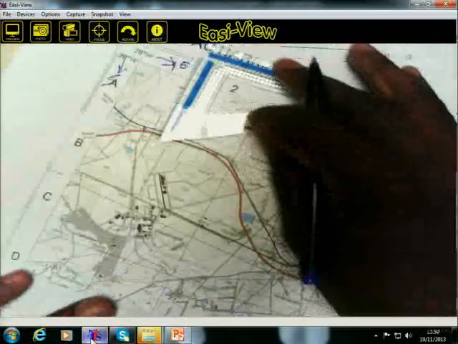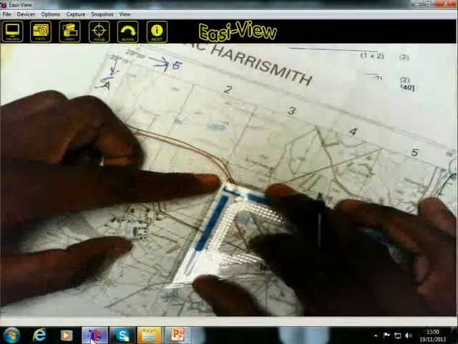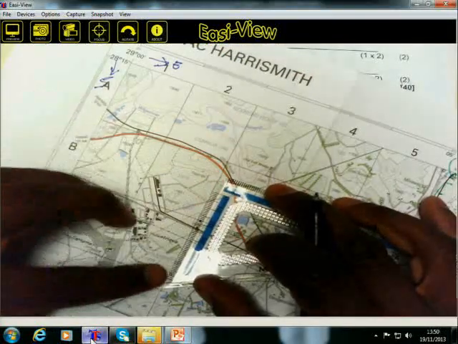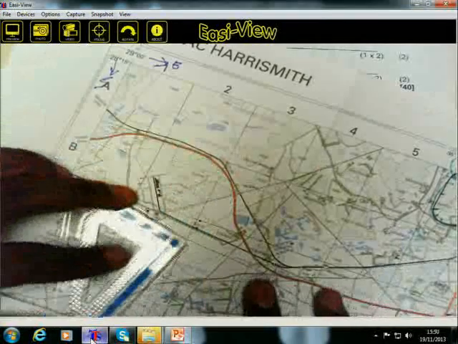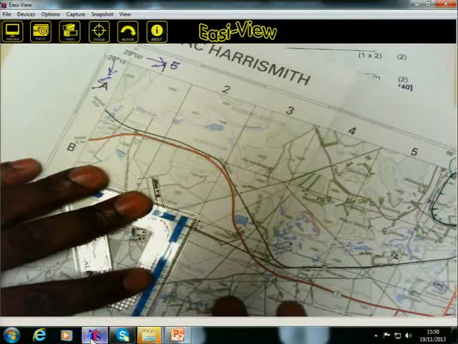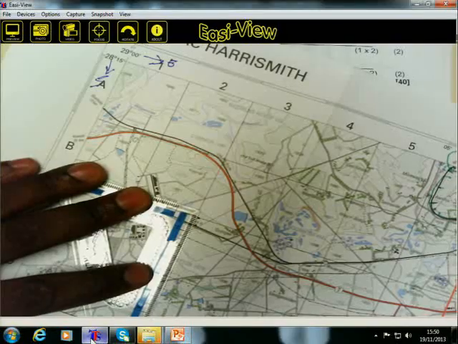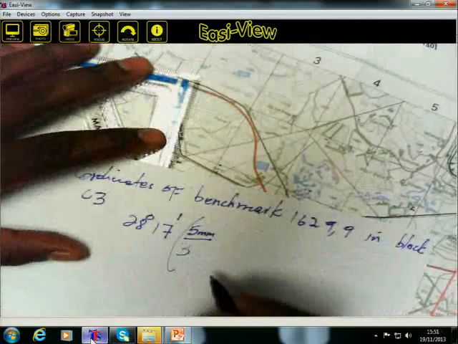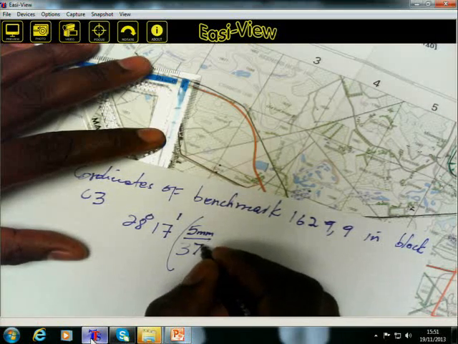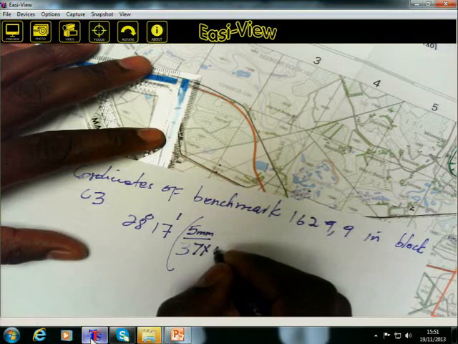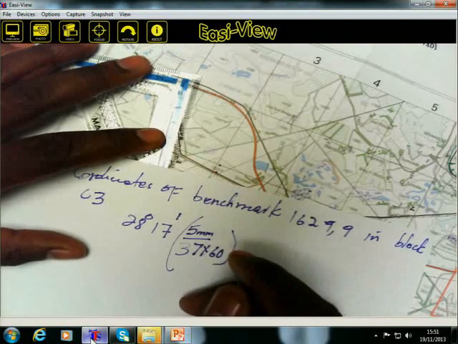Then you measure the whole block, and it gives me 37. Then you say 5 over 37. Remember, a block is out of 60.